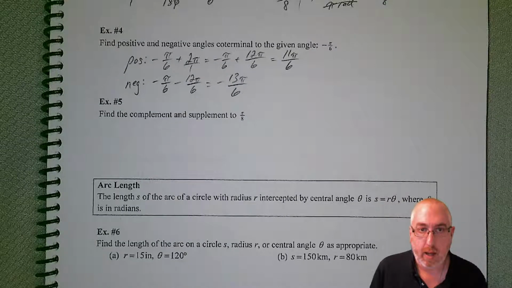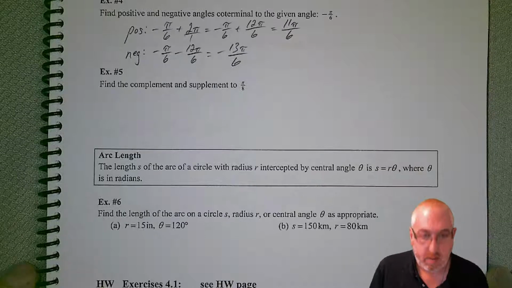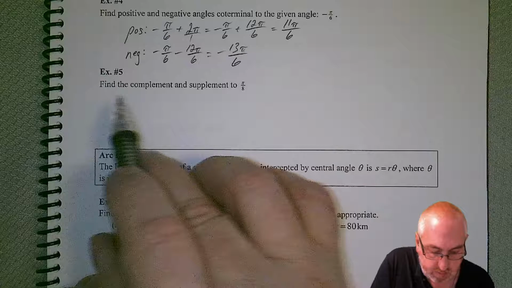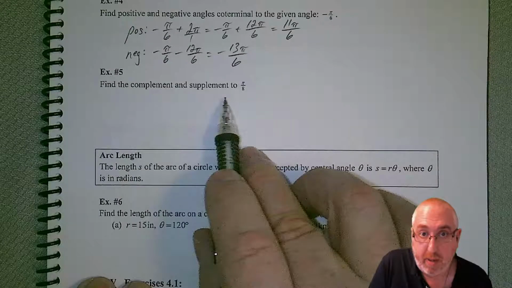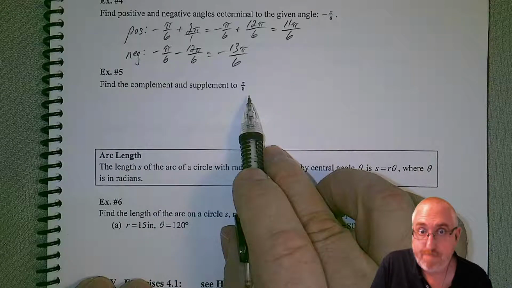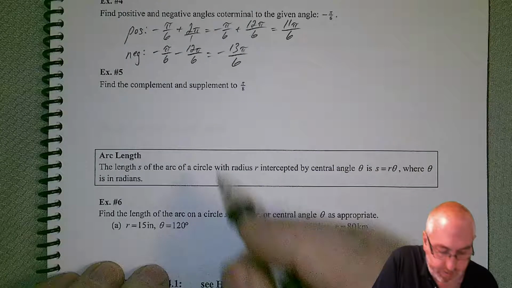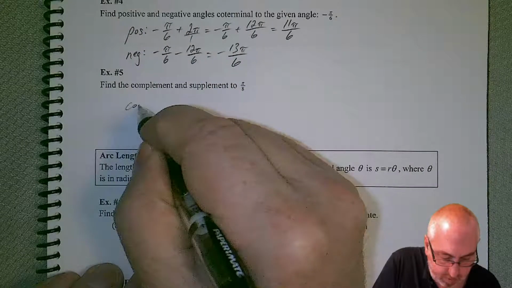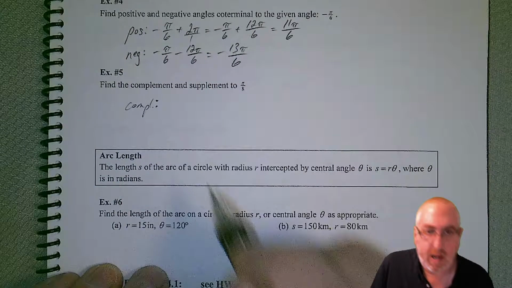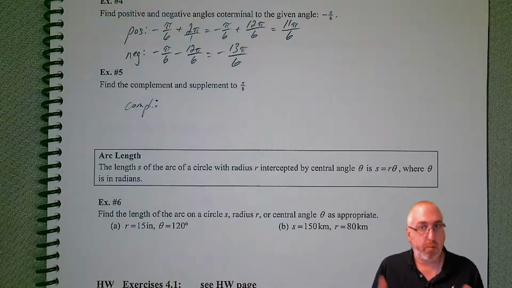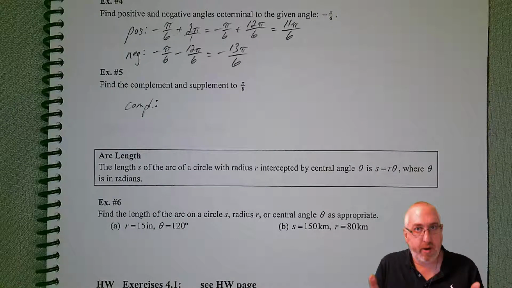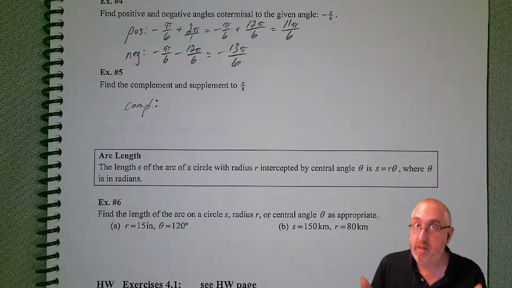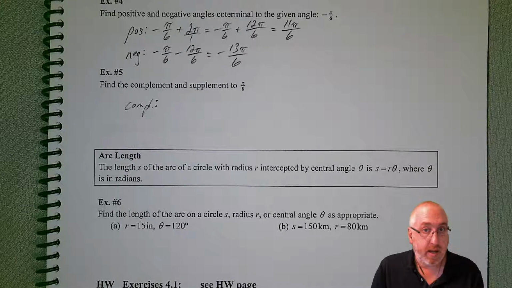Okay, let's do number 5. The complement and supplement to pi over 8. So complement and supplement. Complement. How do we find the complement? So remember, we know complementary angles should add to 90.